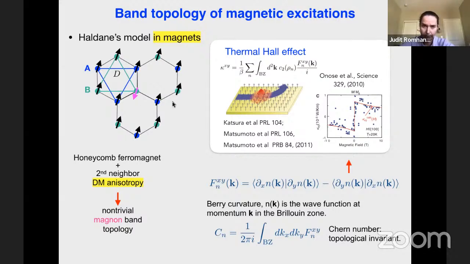We have here bands of magnetic excitations that are bosons, and the occupation of these bands is going to be a thermal occupation. So it's not like the whole band that has a finite Chern number is going to be occupied, but just partially occupied. And this thermal Hall response is going to be a temperature dependent response in this case.